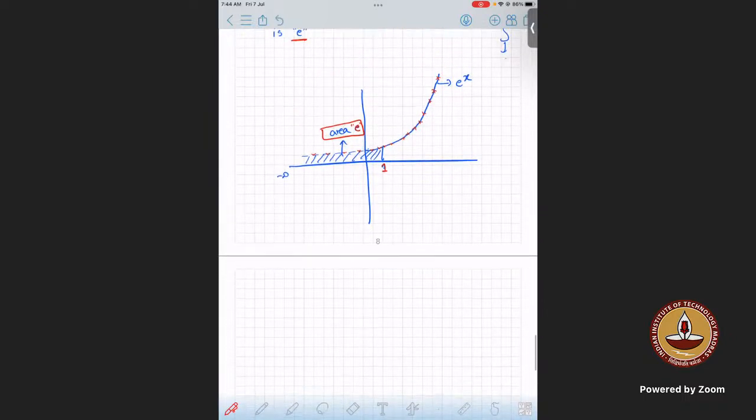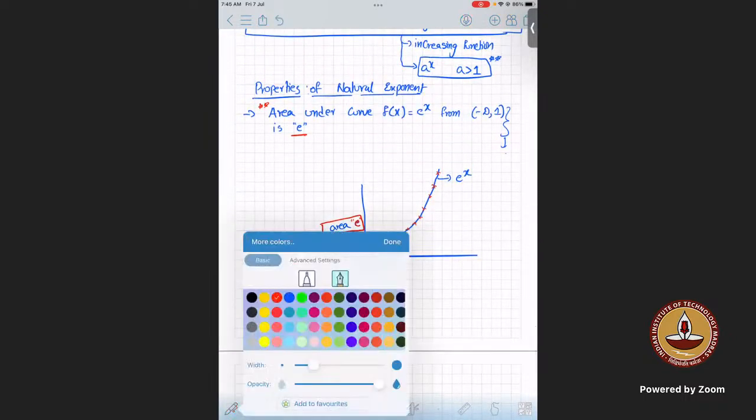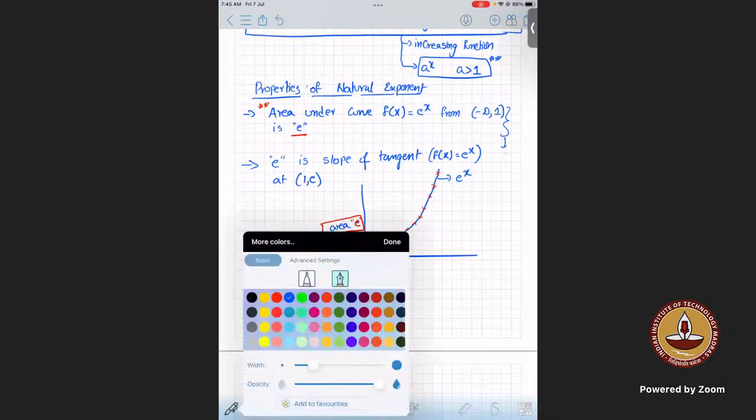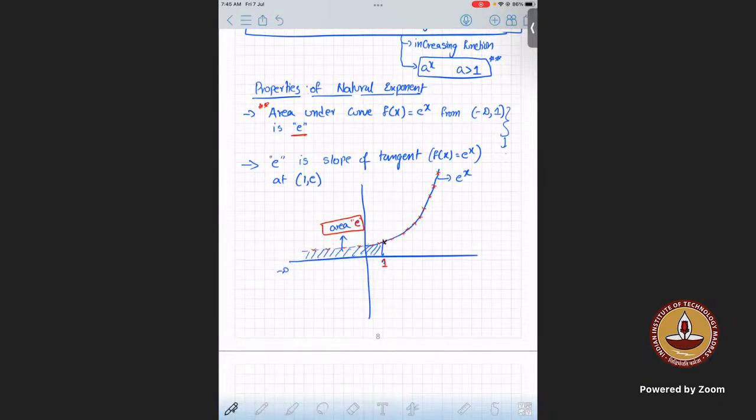The next point is that e is the slope of the tangent to f of x equal to e power x at 1 comma e. Listen to this carefully. This point is 1 comma e.